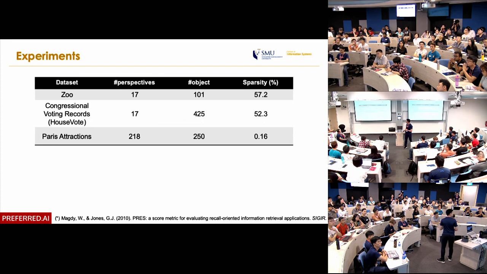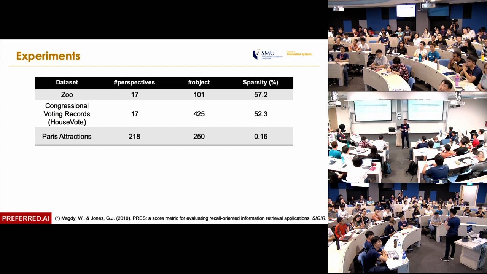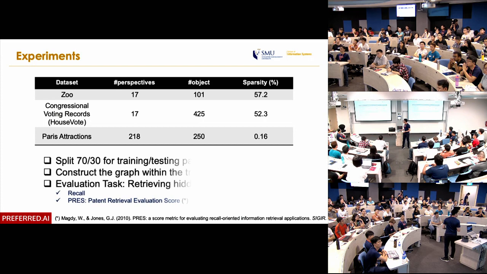Okay, so to validate the hypothesis that we have in this study, we explore three different datasets that have varying similarity perceptions among the objects.